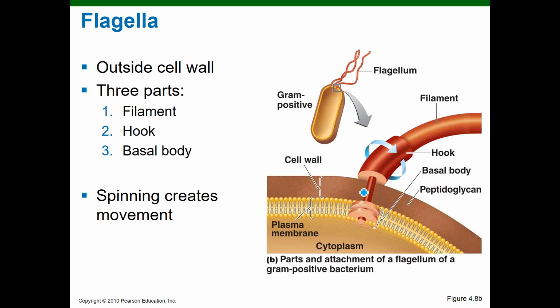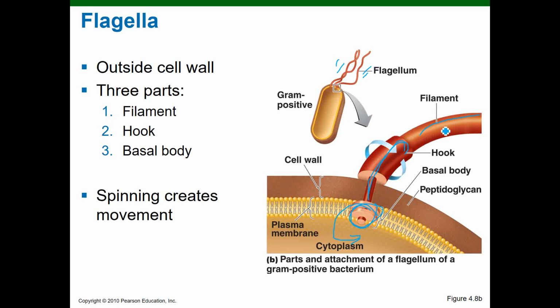But here, because we have this very thick cell wall, the bacterial cells create a long filament, and then they need something that anchors it into the interior of the cell. So they have a hook portion, which is curved, and then a basal body which anchors it into the plasma membrane. The bacterial cell moves the flagellum by spinning this basal body, this anchoring portion, and by rotating it you get the wiggliness of the flagellum.